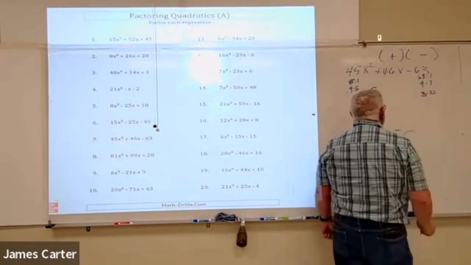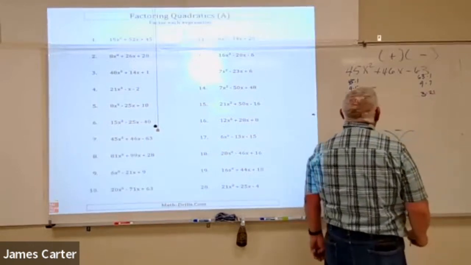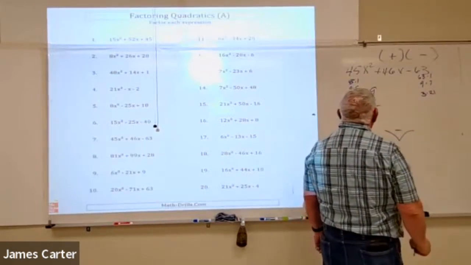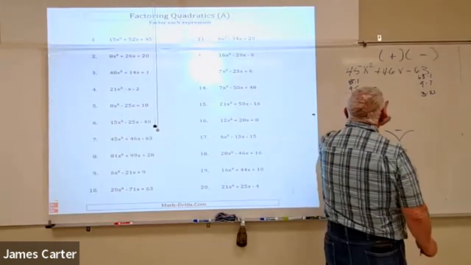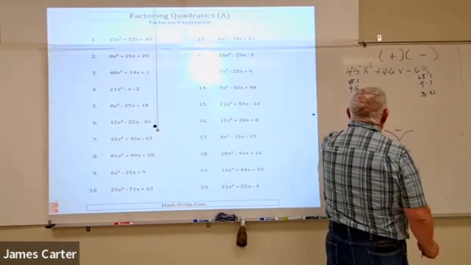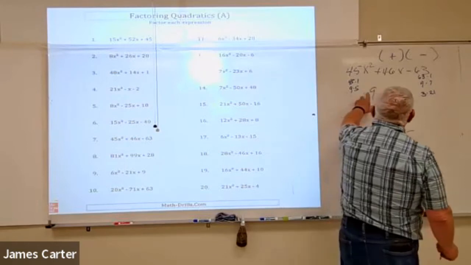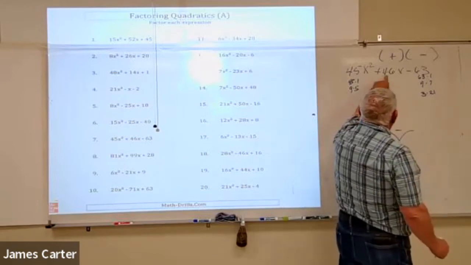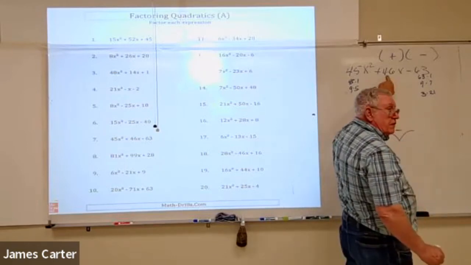So those are different possibilities. Now, what do we do? We're going to have different signs, so we're going to subtract. So we're going to have a fairly big number minus a smaller number to get 46.